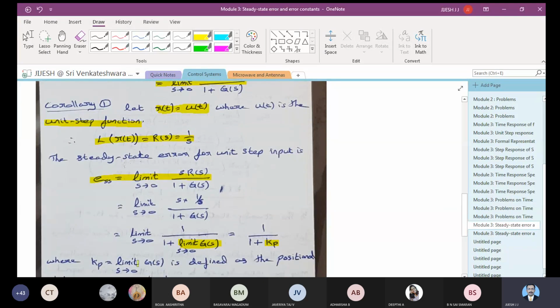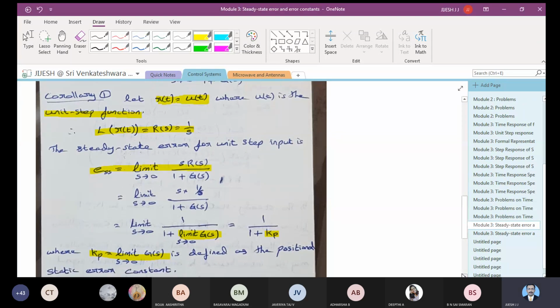Kp is limit of s tends to 0, g of s. It's just a notation called kp, and it is defined as the positional static error constant.